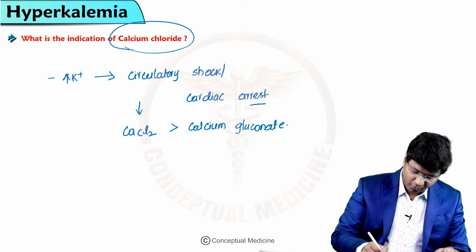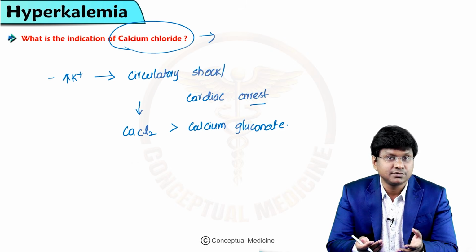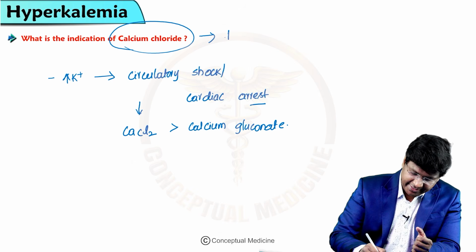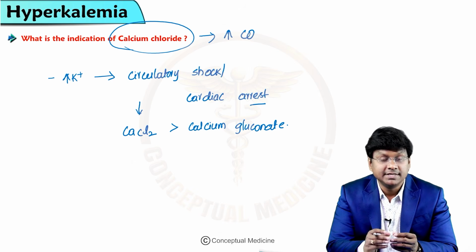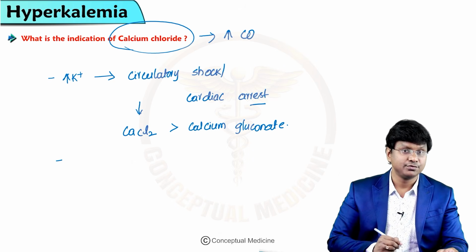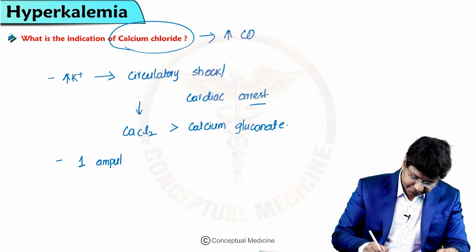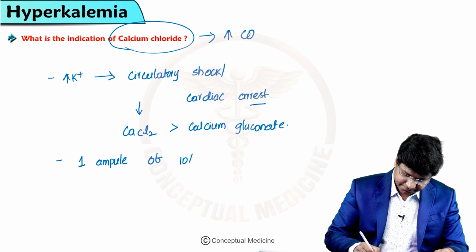And what is the advantage of the calcium chloride? Compared to calcium gluconate, it will improve the cardiac output, and thereby it will preserve the peripheral vascular tone. And you have to know that 1 ampule of 10% calcium chloride has 3 times the elemental, ionized calcium compared to 1 ampule of 10% calcium gluconate.